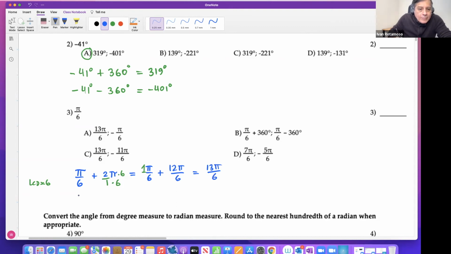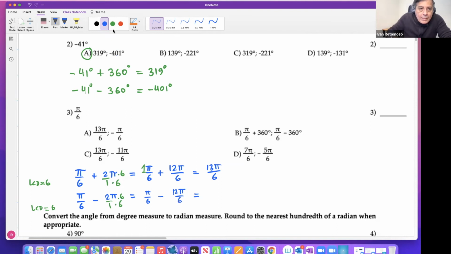For the negative coterminal angle, you do something similar, but instead of adding 2 pi radians, you subtract 2 pi radians. Notice the denominator 1, the LCD again is 6. So we have pi over 6 minus 12 pi over 6.